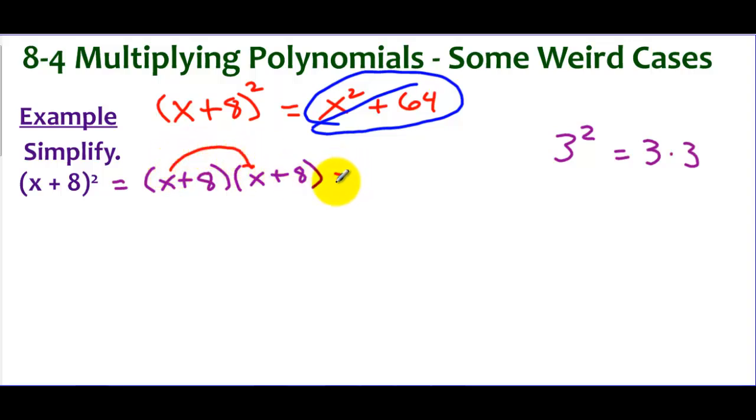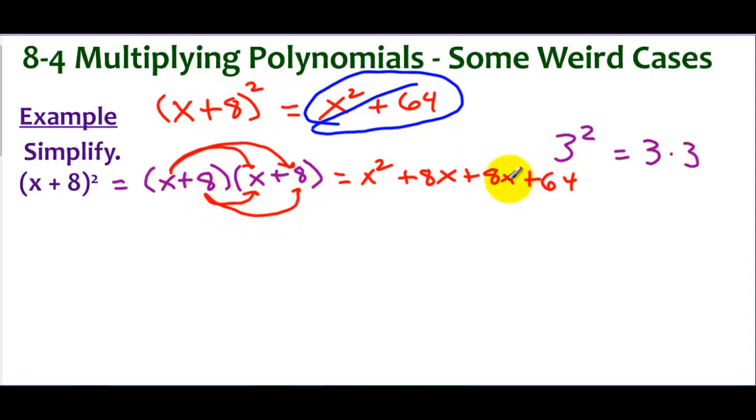x times x is x^2. x times 8 is 8x. And then I'm going to move on to the second term. 8 times x is also 8x. And 8 times 8 gives me 64. And now I can combine these middle like terms. These 8x's become 16x, plus 64.